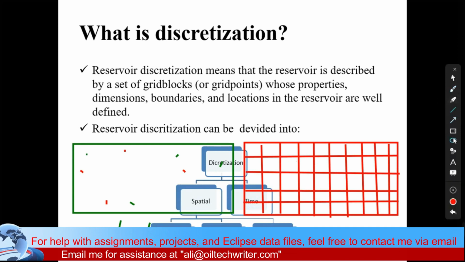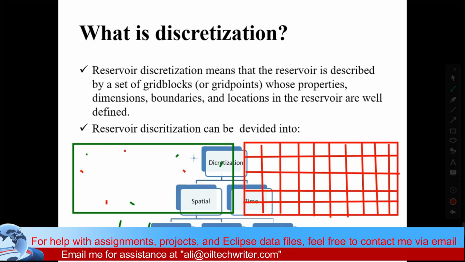So now, for example, you are dealing with the flow rate. Each of these grid blocks has its own address in X and Y. For example, this is X2 Y1. This one is X5 Y1. This is X5 Y2. This is X5 Y3, X5 Y4, X6 Y5. So now each grid block has an address, and we can define pressure, flow rate, saturation, porosity, and permeability for each grid block separately.